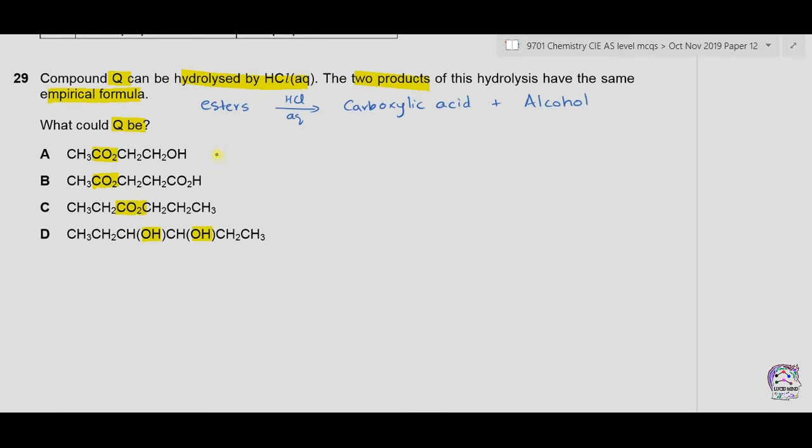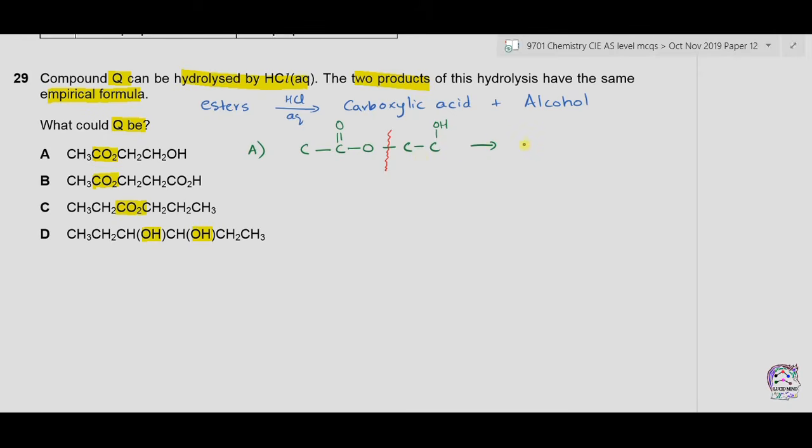Let's find out the products after hydrolysis. So in A the structure will be carbon, then carbon, double bond oxygen, oxygen, then CH2, then CH2, OH. Now after acid hydrolysis, this compound will break from this place and the first half will become carboxylic acid and the second half will become alcohol.